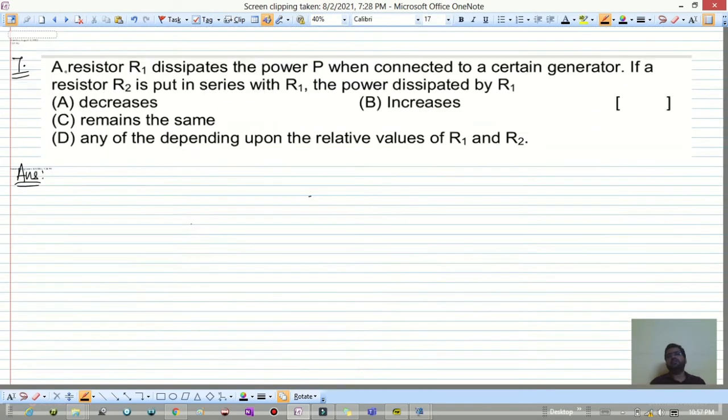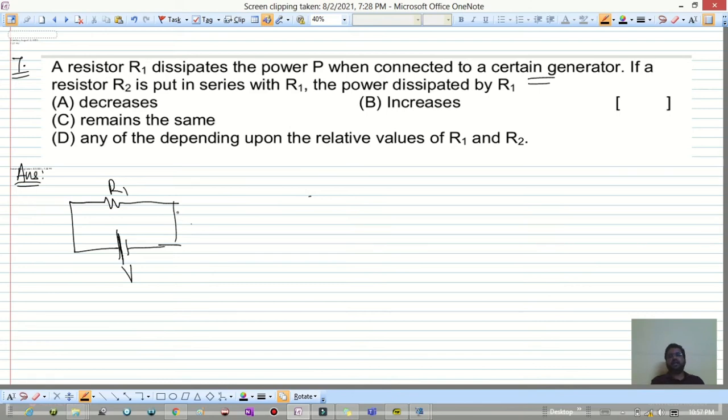Now the next, 7th question. A resistor R1 dissipates the power P when connected to a certain generator. If a resistor R2 is put in series with R1, what will happen to the power dissipated by R1? So over here, one resistance R1 is given, which is connected across the generator of voltage V, supposed to be.